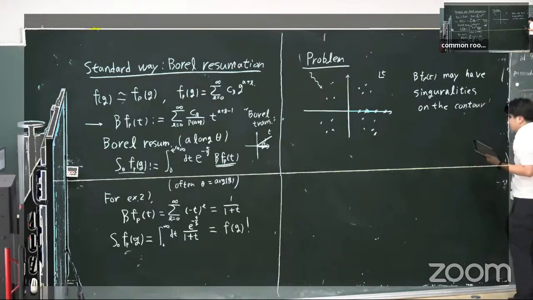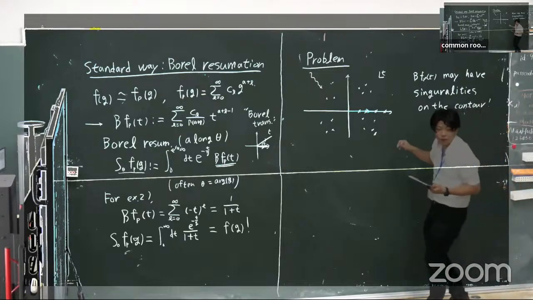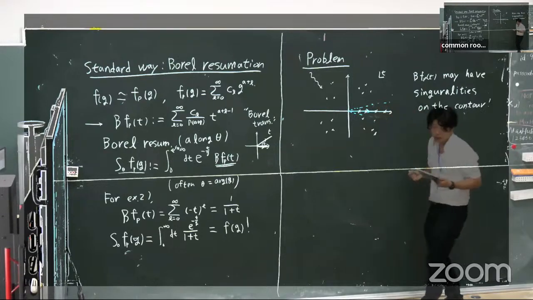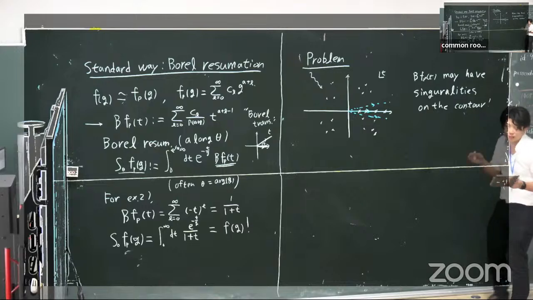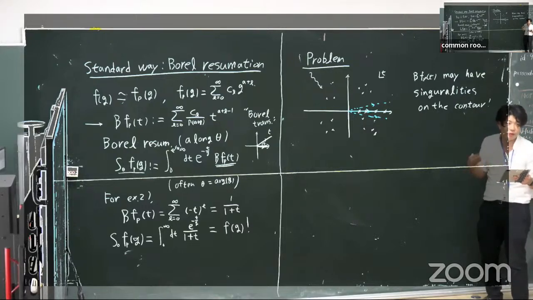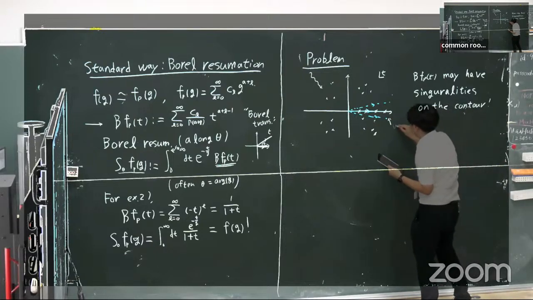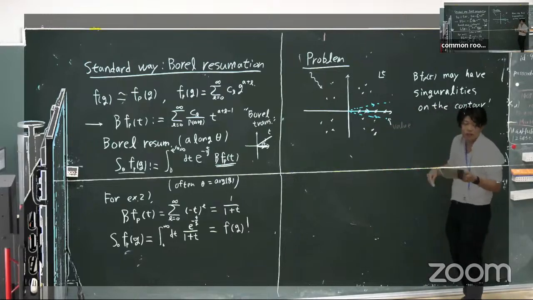We may want to deform the integral contour to avoid the singularities. By this scheme we can get a finite answer, but we encounter another problem. If we avoid the singularities in this situation, the value of the integral depends on how we avoid the singularities.